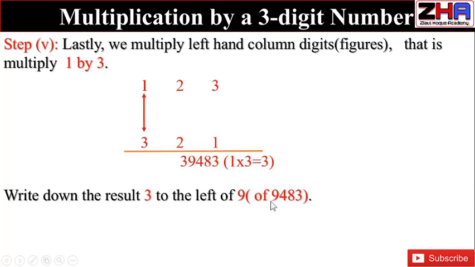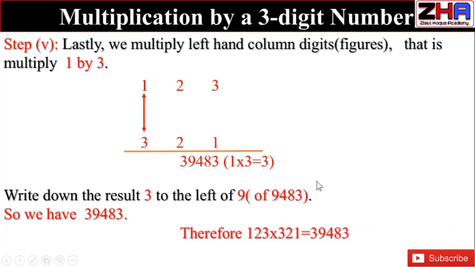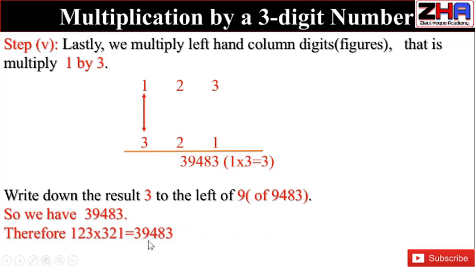Write down the result 3 to the left of 9. So we have the result 39483. Therefore, the multiplication of 123 and 321 is equal to 39483.